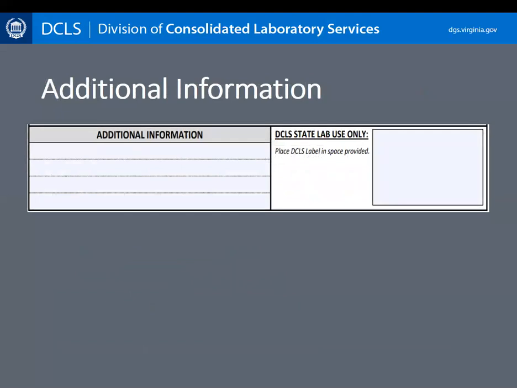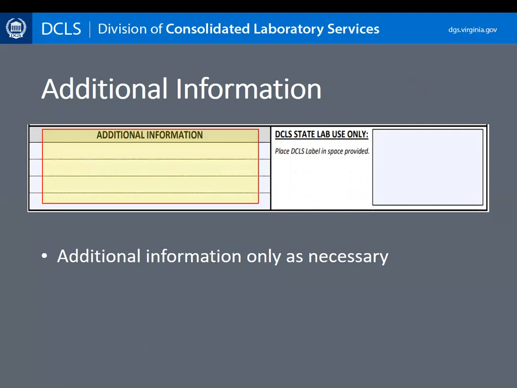The final portion of the form is an open comment box for essential sample submission information only. Complete the additional information section only if it is necessary to provide details that could not otherwise be documented on the form. Avoid extraneous information, including names of potential exposure contacts, travel history, etc., which would be investigated by an epidemiologist with the Virginia Department of Health.